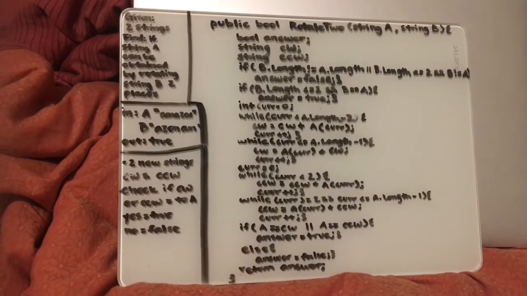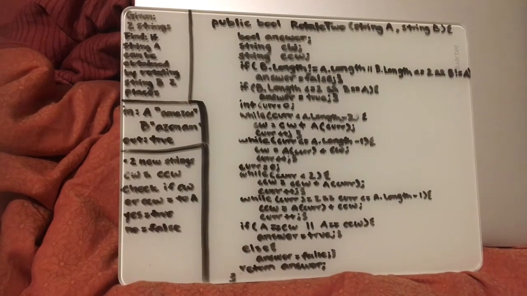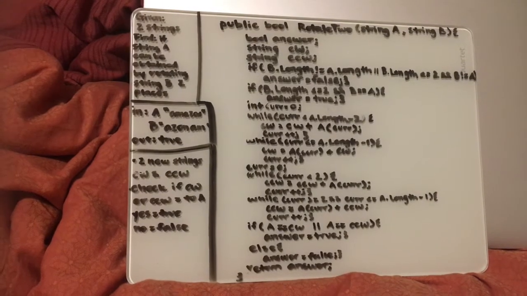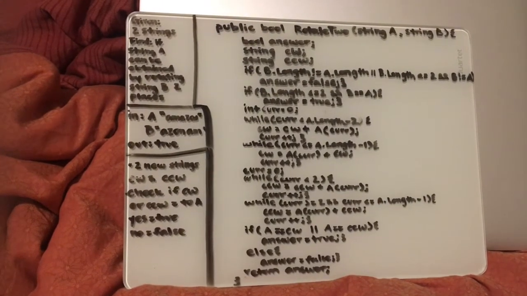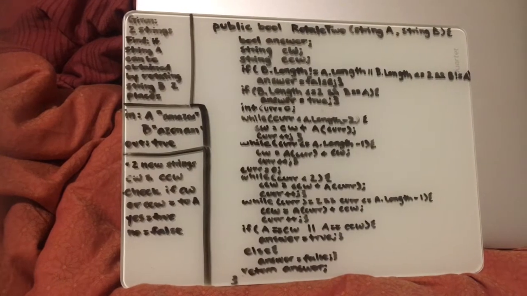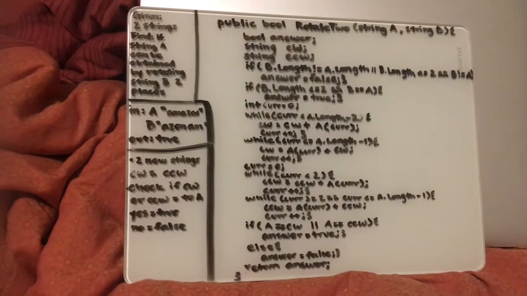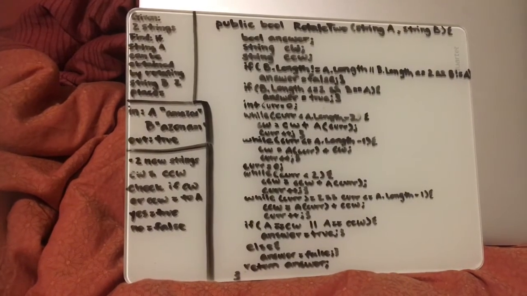We're also going to check some edge cases. If string A and string B don't have the same length, then they can't be the same, so we'll return false.